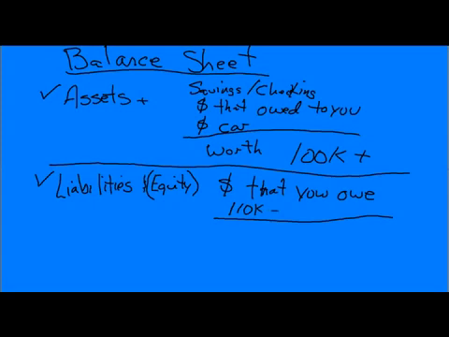However, the equity, which is right here, is money that you have invested in the company, and it's also current net profits off your profit and loss. So if you look at your profit and loss, your income statement, at the bottom line it showed that you have a $20,000 net profit for the month or for year to date.